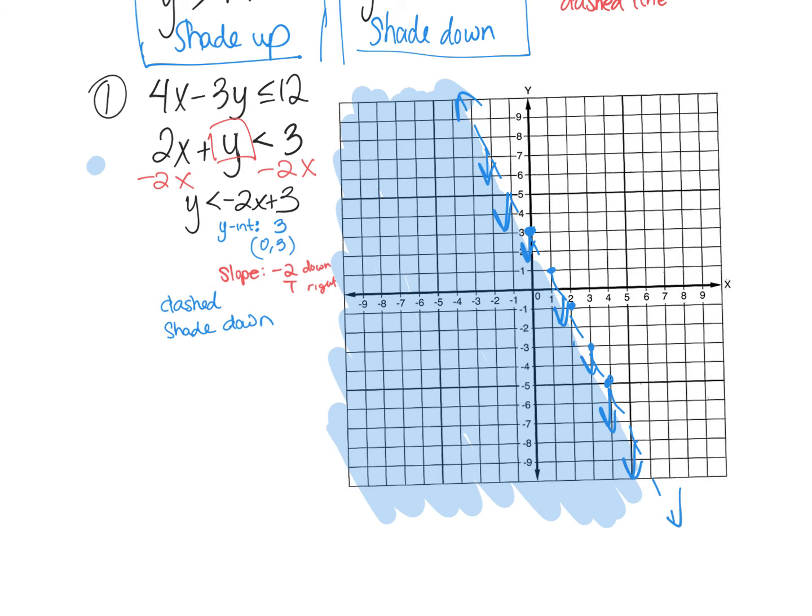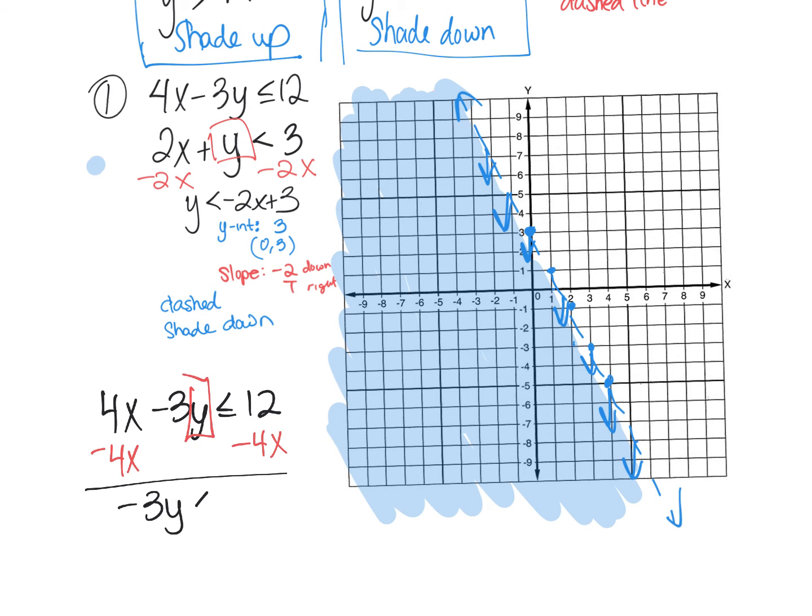Now we'll look at our second equation. 4x minus 3y less than or equal to 12. So I need to get y by itself. So I want to move the 4x to the other side by subtracting it. So negative 3y is less than or equal to negative 4x plus 12.